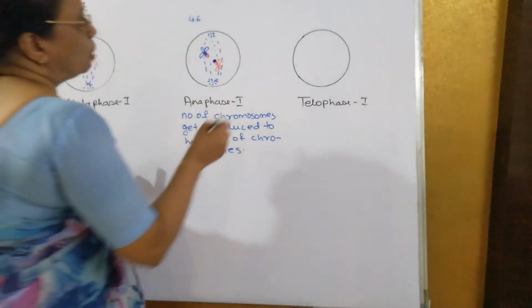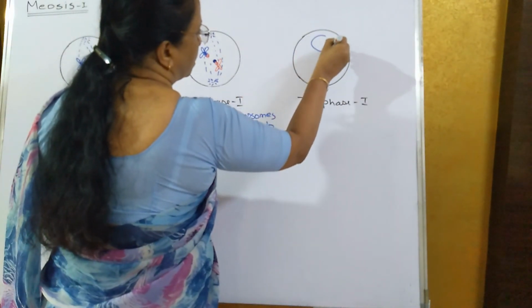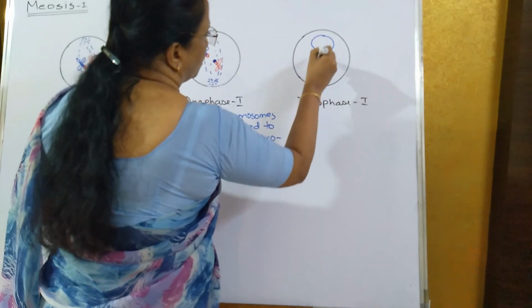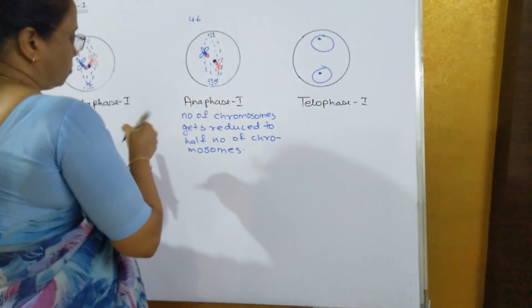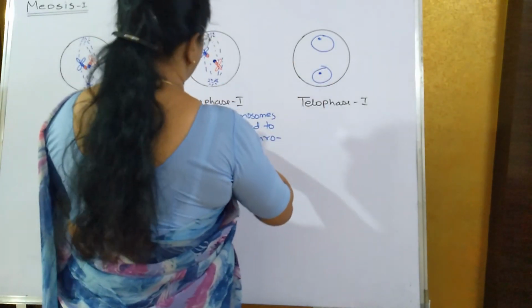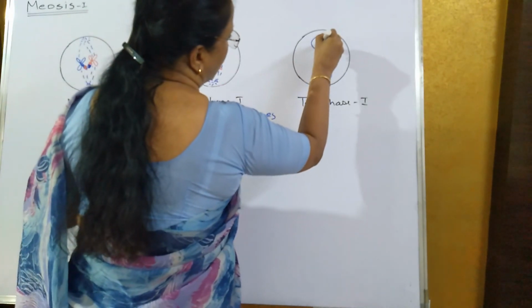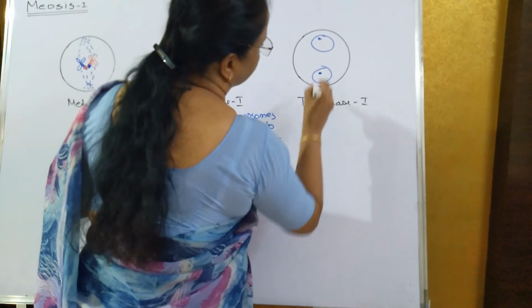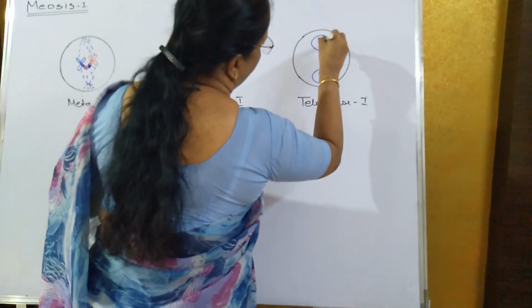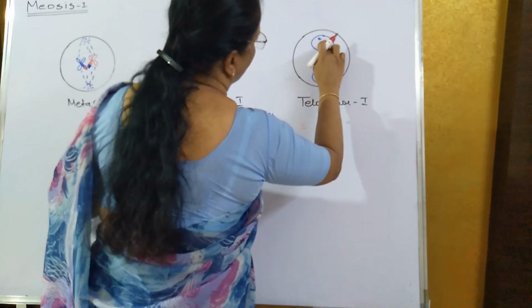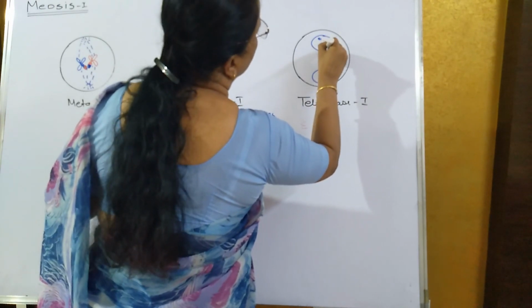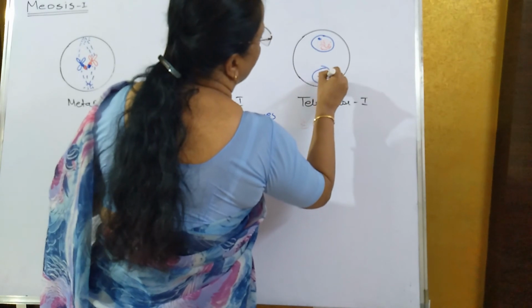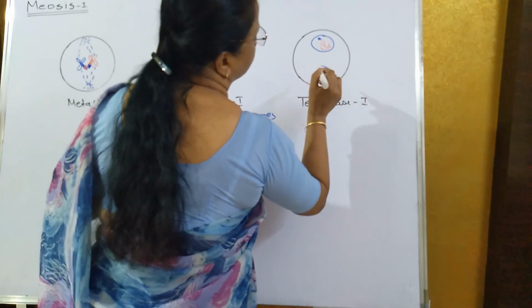The next phase is telophase 1. In telophase 1, again the nuclear membranes appear. The nucleolus also appears and the spindle fibers will disappear, and half the number of chromosomes will go in this nucleus, and the other half will come over here.